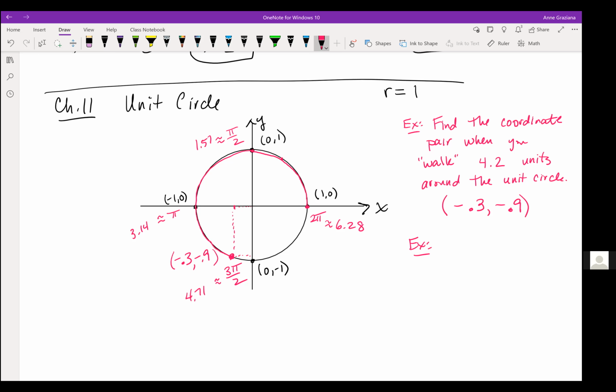The other thing you can do, I guess I should pause when I ask a question. If you have any questions, please ask, okay? The other thing we can do is find the coordinate pair when you walk, let's say negative 3 pi over 2 units around the unit circle.